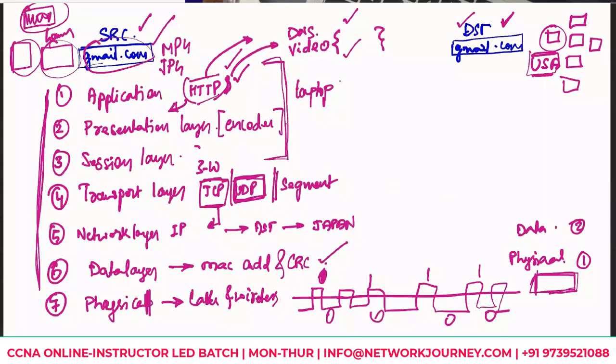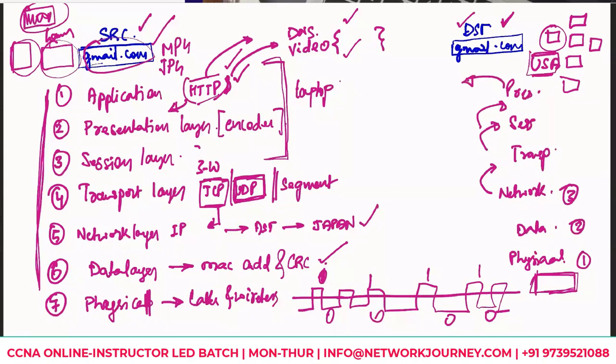Now it knows it needs to send to such and such network, so the network header, which was initially added, is removed. Then it sends to the transport layer, then to the session layer, then back to the presentation layer, and the presentation layer reverts it to whatever the look and feel should be.